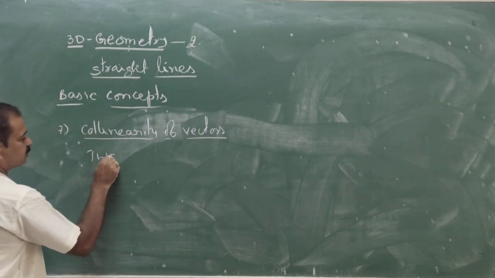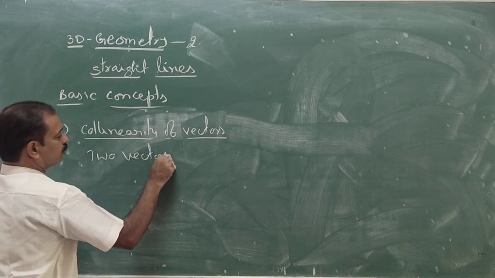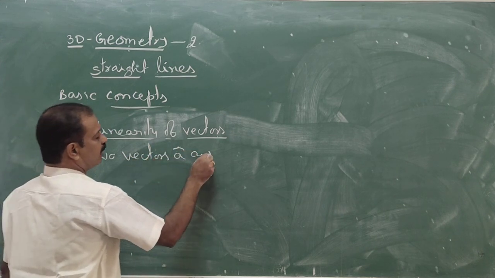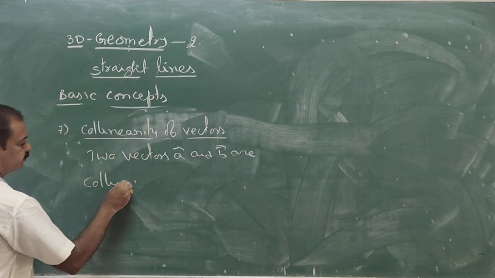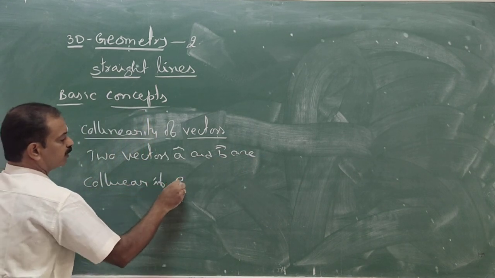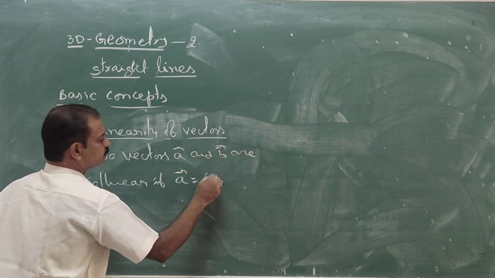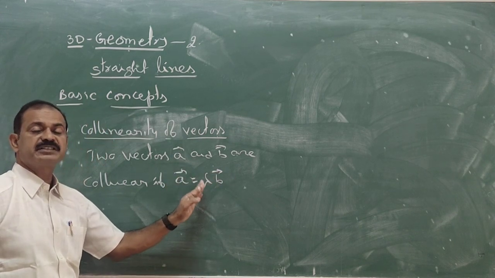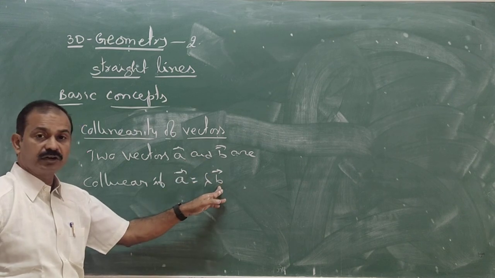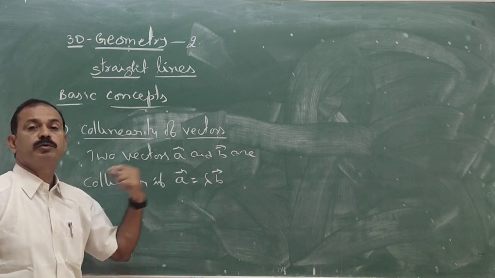Two vectors A and B are collinear if A is equals to lambda B. If you are able to express one vector in terms of the other vector, then we call both the vectors collinear vectors.